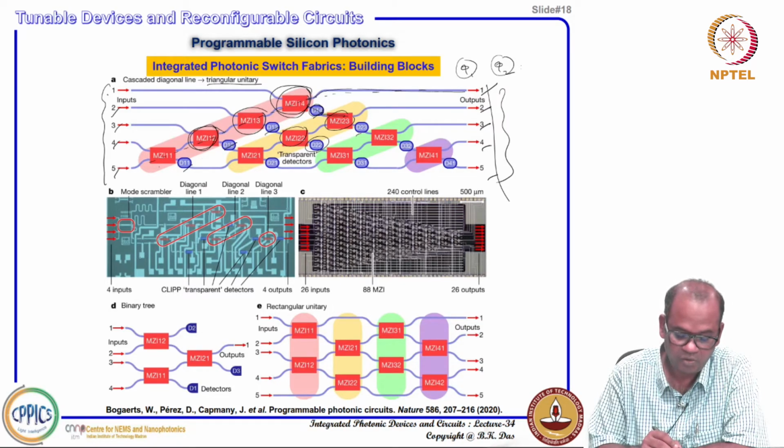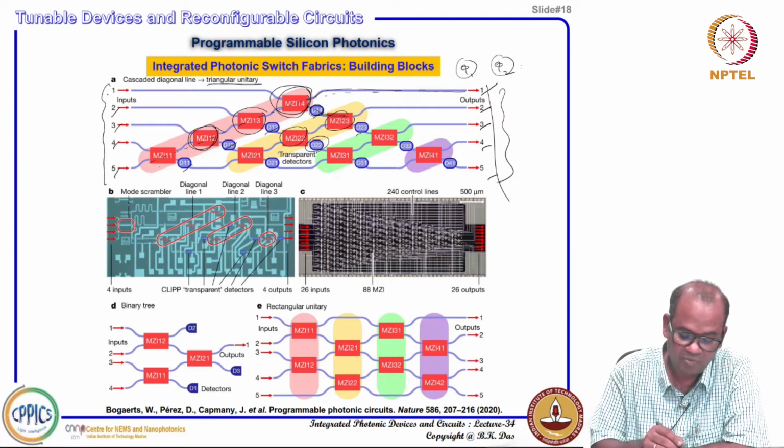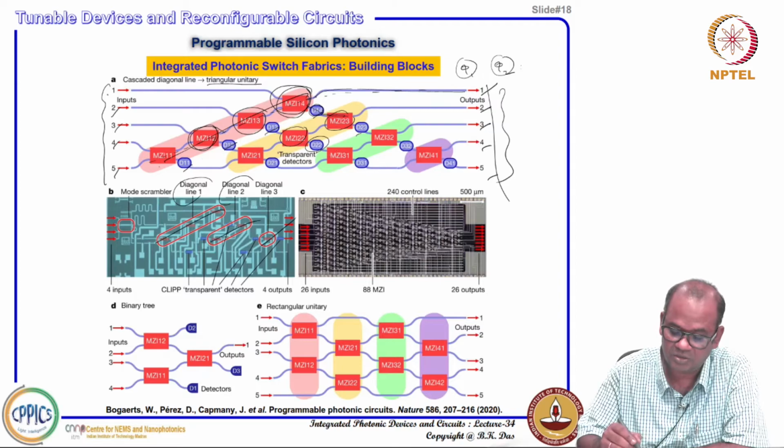Some other microphotographs are shown for different types of switch fabrics, where, for example, you can see that you can have a mode scrambler and diagonal line 1, diagonal line 2; that means these three things, this operation is shown here, with some lines shown here for control electronics, control lines, metal lines, so that all the bias can be controlled to different phase shifters.